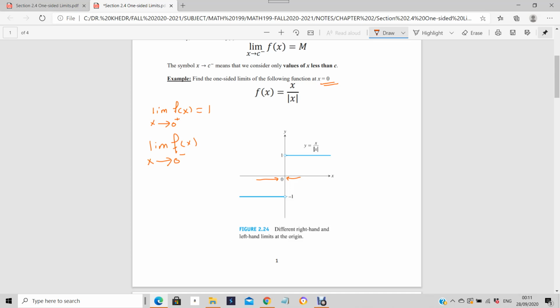So the value of y is approaching minus 1. So the left side limit is minus 1, the right side limit is 1. So these are called one-sided limits. This is the right side limit, and this is the left side limit, or the right-hand limit and the left-hand limit. You can see here the two one-sided limits are not equal to each other.